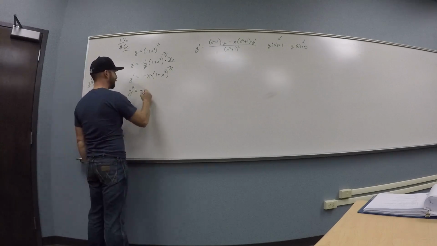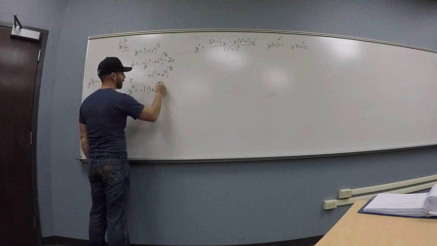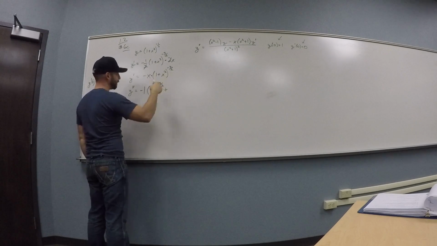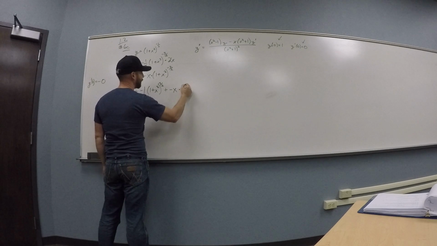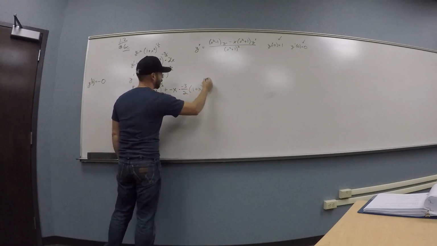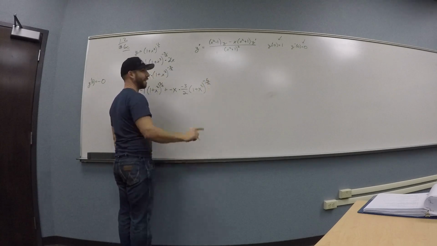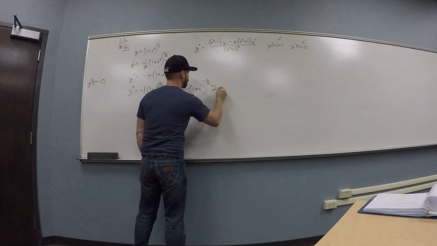So you do the derivative of the first thing times the second thing, plus the derivative of the second thing times the first. So minus x times, and then I need to take the power down, 1 plus x squared to the one lower power, times 2x. Good, derivative of the inside.